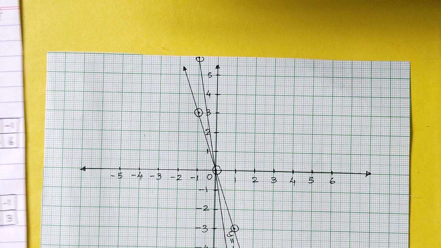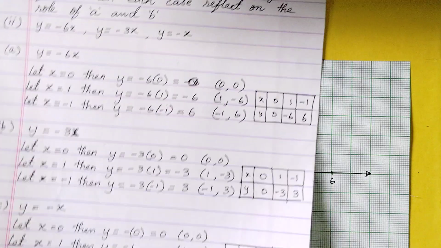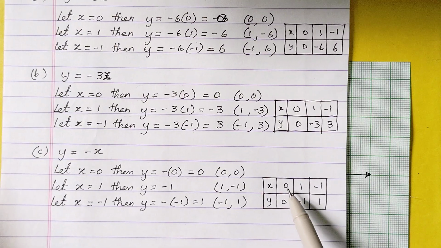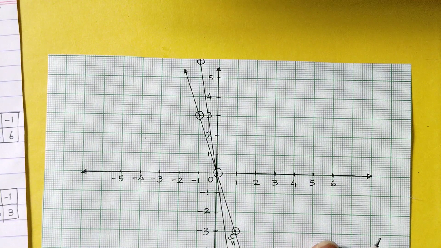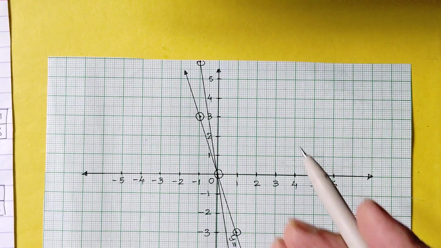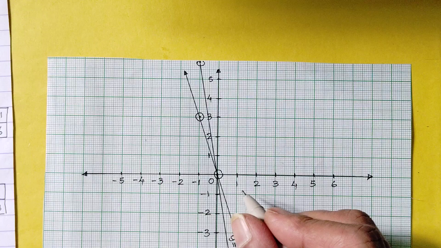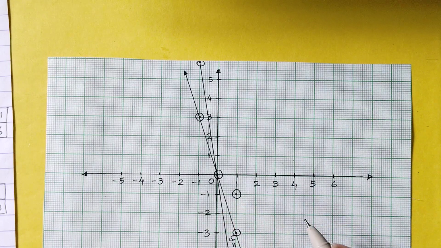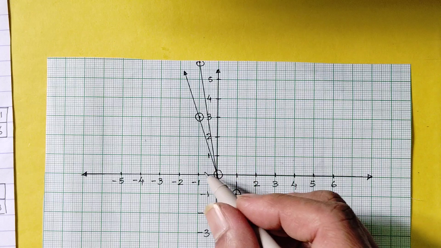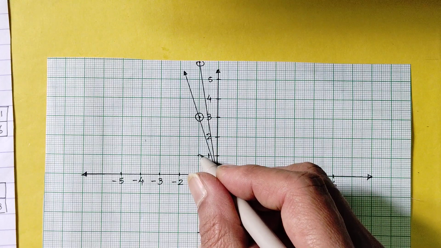Third one, y is equal to minus x. The values are 0, 0; 1, minus 1; minus 1, 1. 1, minus 1, this is that point. Minus 1, 1, so this is that point.